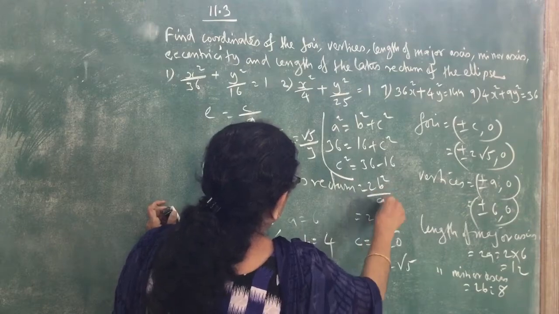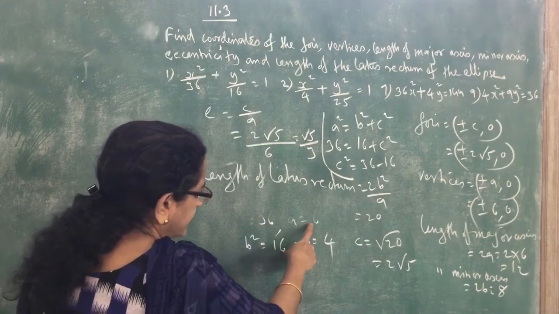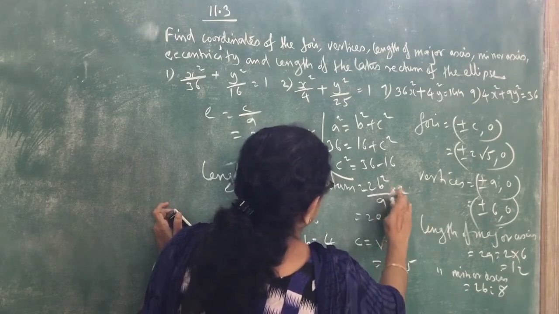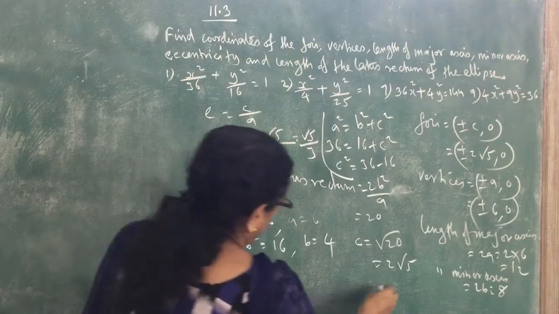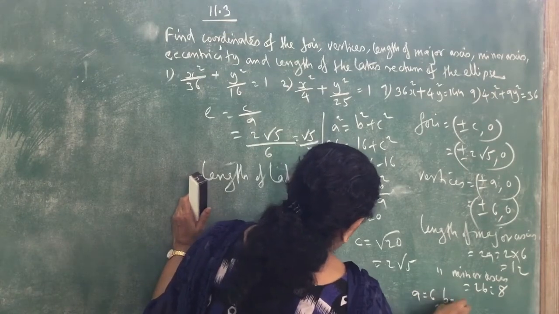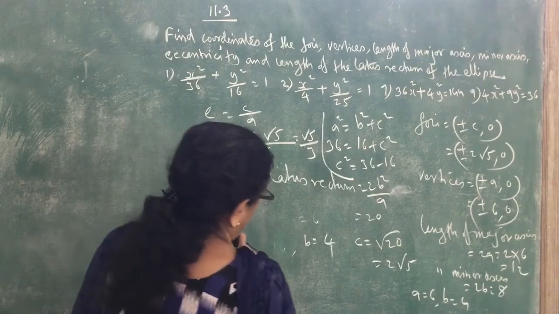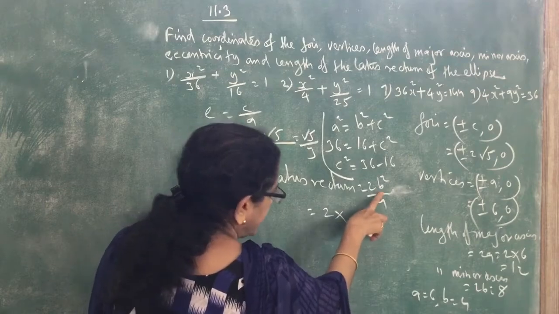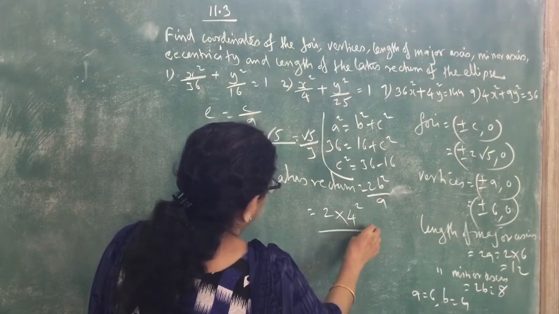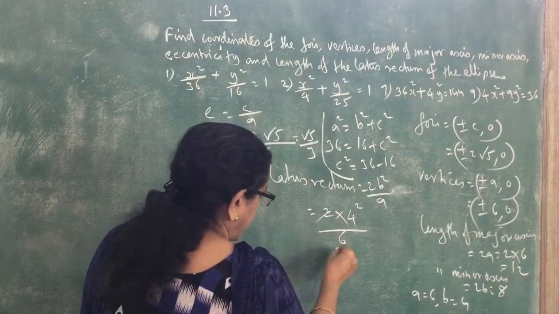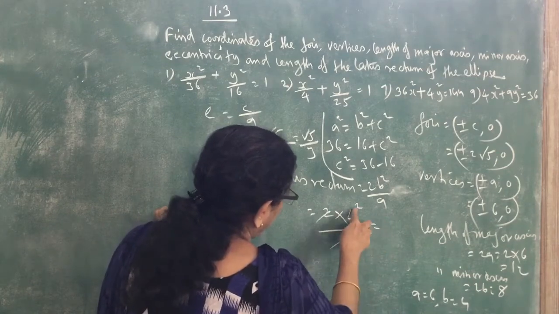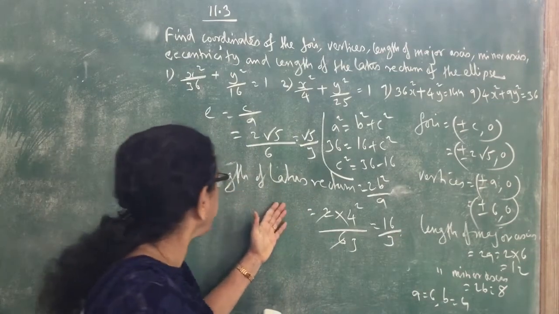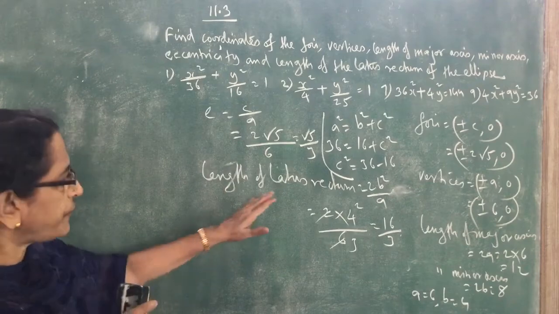With b equal to 4 and a equal to 6, 2 into b square, that is 4 square, divided by a, that is 6. Cancelling, we get 16 by 3. So the length of the latus rectum equal to 16 by 3. So we found all the values.